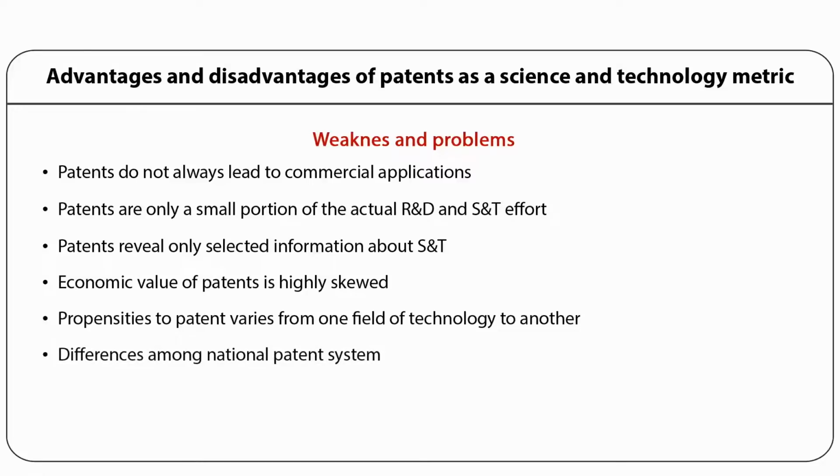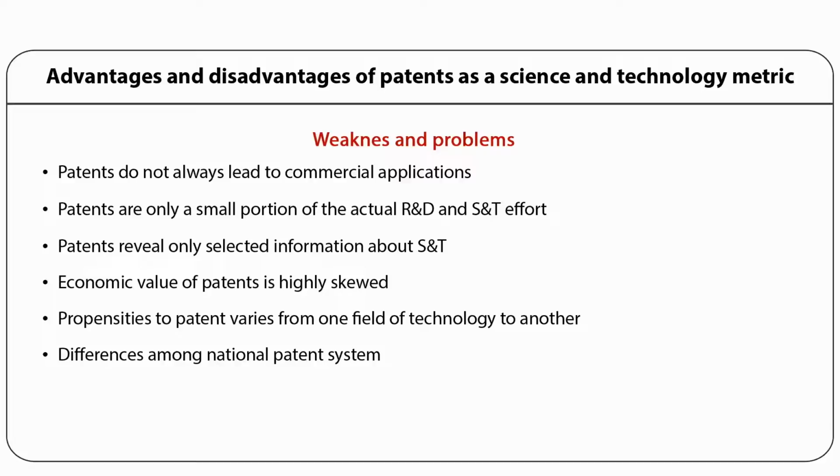Differences among national patent systems also make it difficult to judge patent as an indicator. In spite of a large amount of harmonization of patent practices, there are still substantial differences.